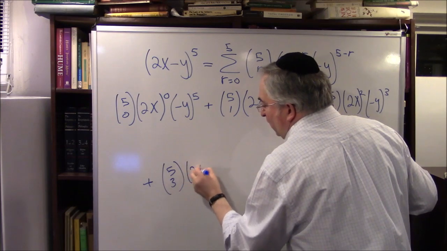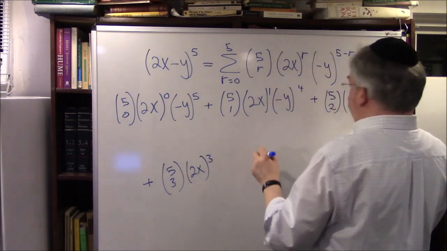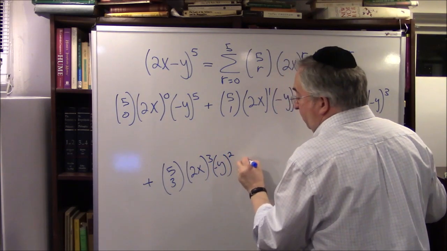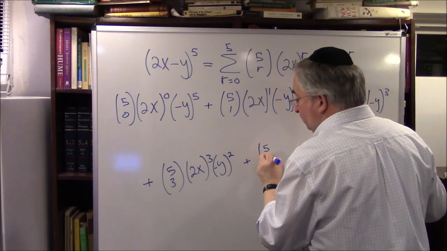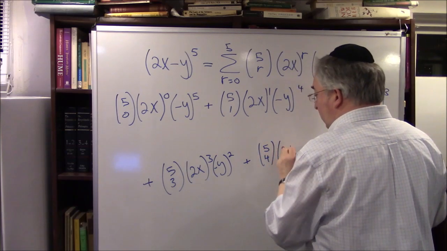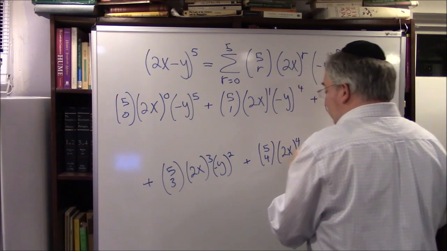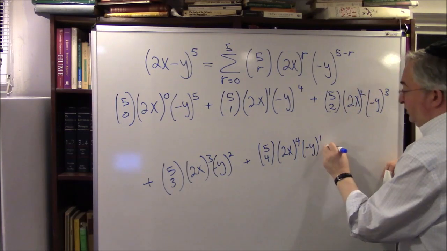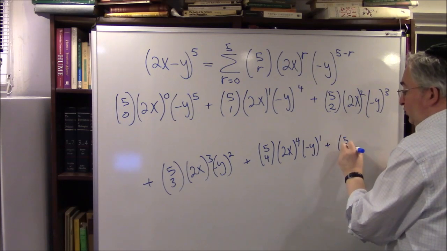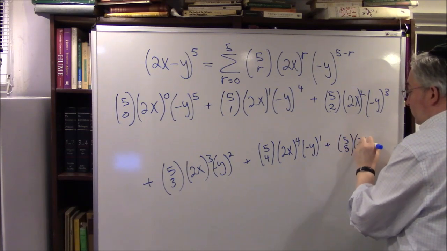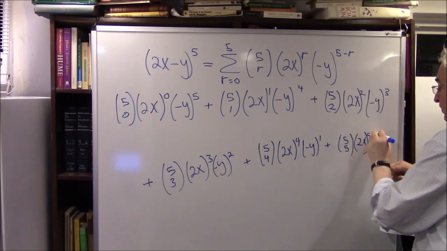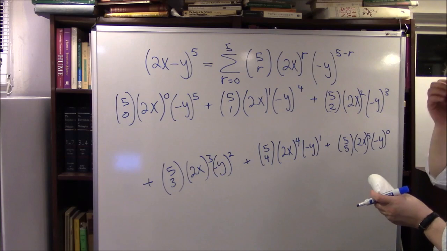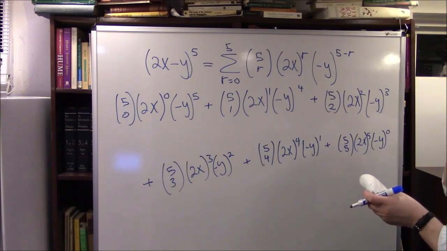That's 2x to the 3rd power times minus y to the 2nd power, plus 5 choose 4 of 2x to the 4th power, and that times minus y to the 1st power, plus 5 choose 5, 2x to the 5th power, times minus y to the 0th power. Okay, and now we have to plug this in.